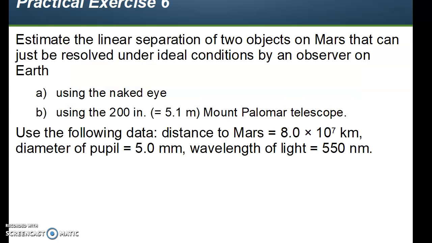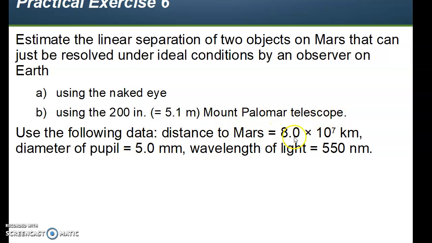This is practical exercise number 6, problem number 21. Estimate the linear separation of two objects on Mars that can be just resolved under ideal conditions by an observer on Earth using the naked eye, and then using the 200-inch, 5.1 meter Mount Palomar telescope.